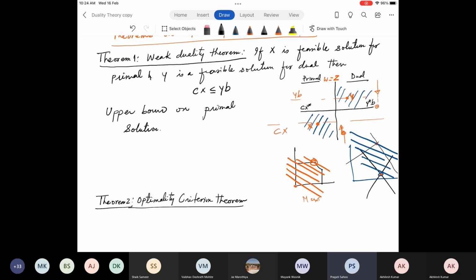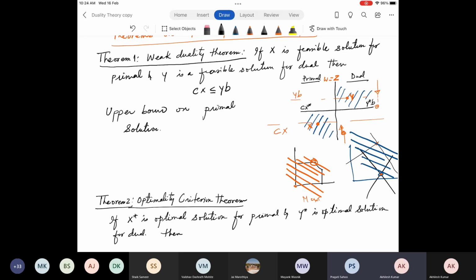What this one states: if X star is an optimal solution for primal and Y star is an optimal solution for dual, then what will happen?